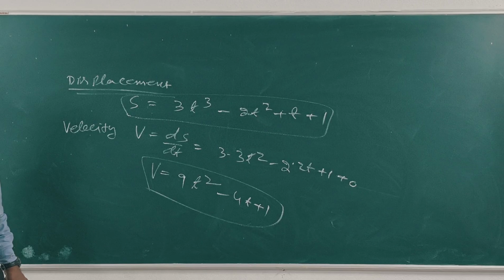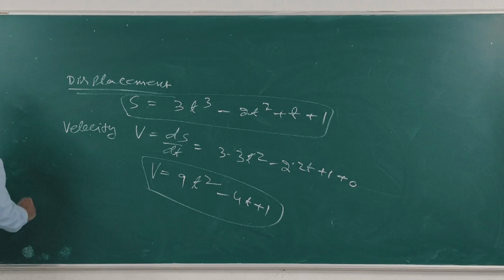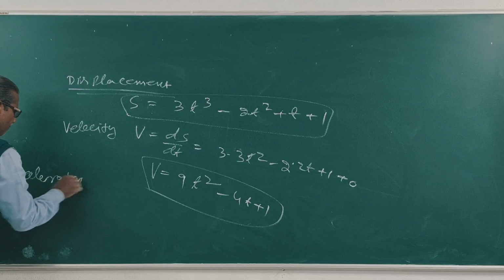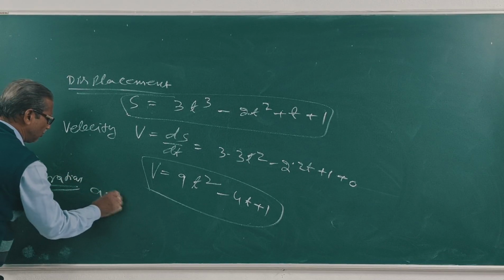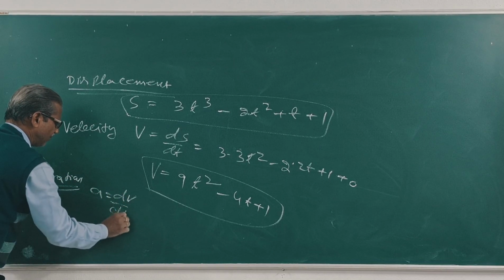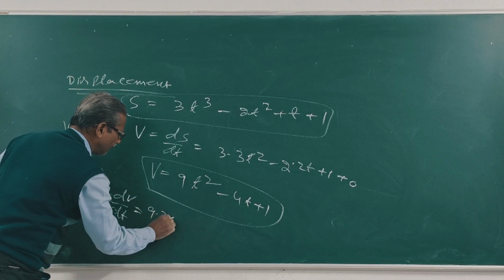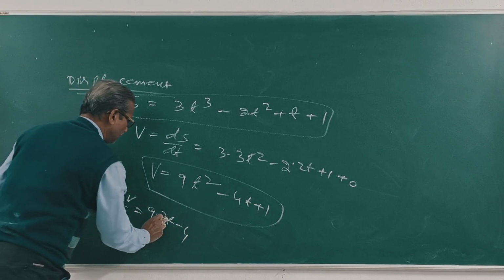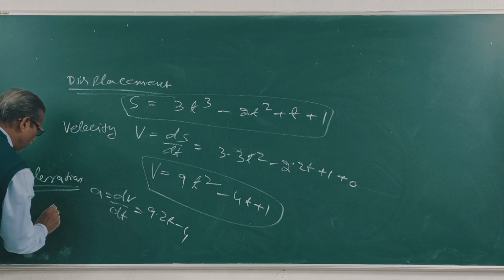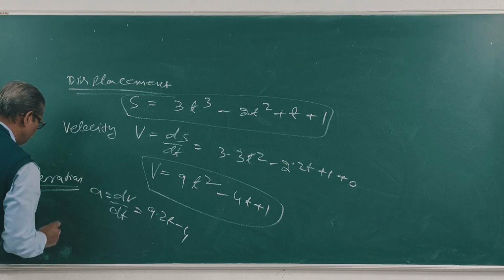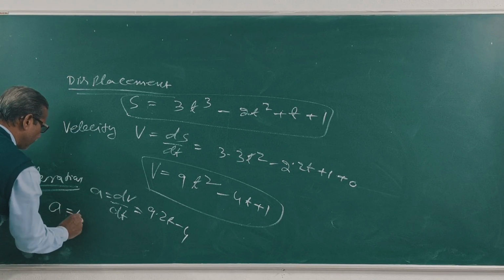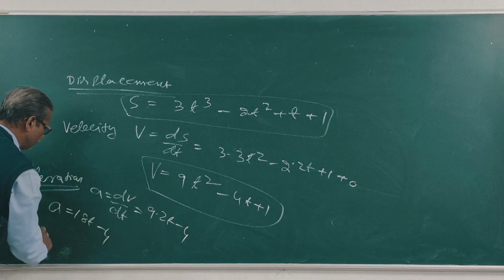So what is acceleration? A is equal to dv by dt. This is 9 into 2t minus 4. So A is equal to 18t minus 4.